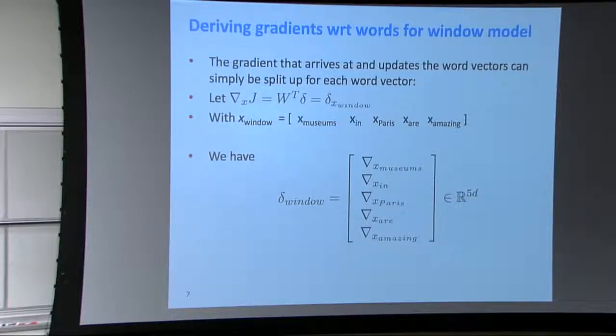The answer is we can just split this window vector into 5 pieces and say, aha, we have 5 updates to word vectors. We're just going to go off and apply them to the word vector matrix. And if the same word occurs twice in that window, we literally apply both of the updates.